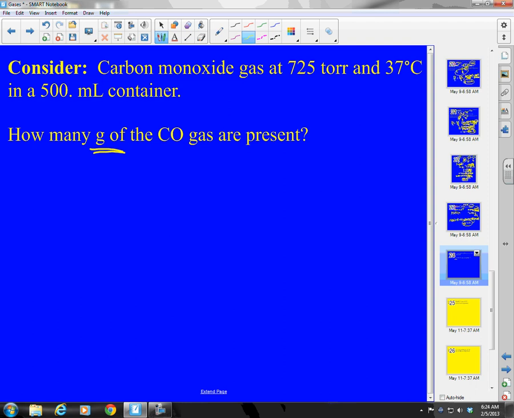Well, this is going to be a PV equals nRT. Now we can always solve for N, right? N is equal to what? PV over RT. Good, because we want to get moles of CO. And what's my pressure? Well, pressure is 725 torr, but I can't leave it in torr, right?